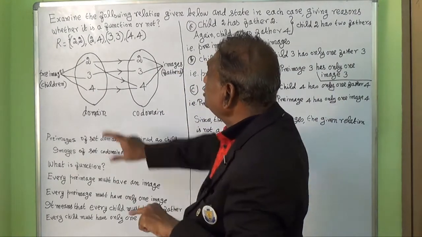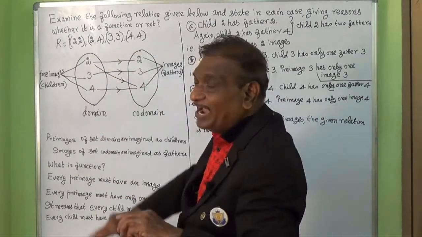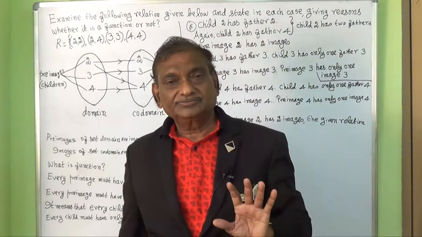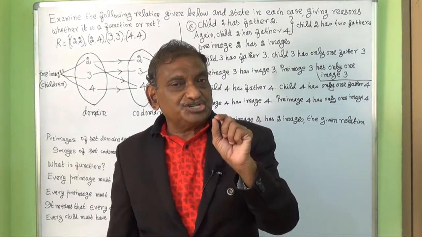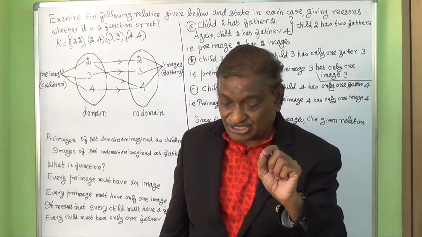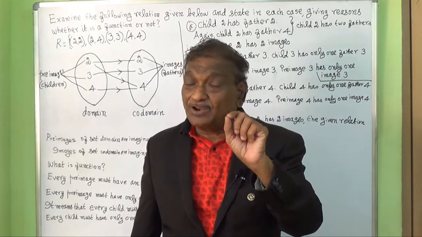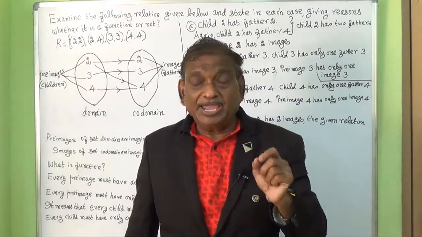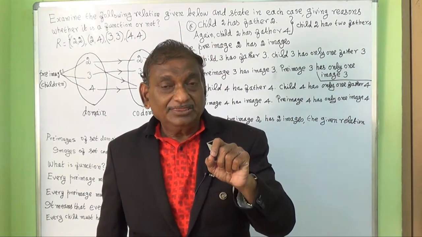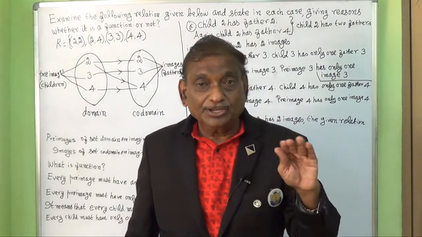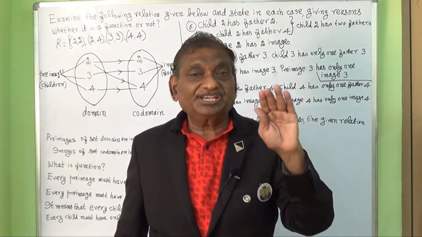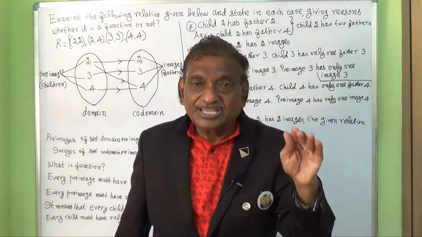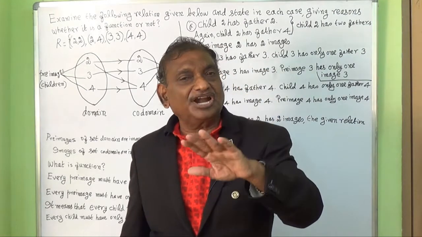So on seeing the ordered pairs also, we can confirm whether the given relation is a function or not. The imagination of children and fathers is taken only for understanding purposes, not for examination purposes. I appeal to the students that you do not write in the test or examination that the pre-images are considered as children and the images are considered as fathers.